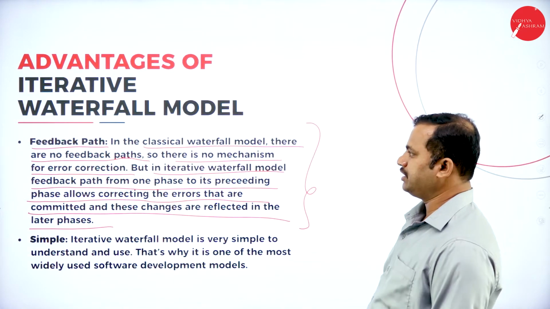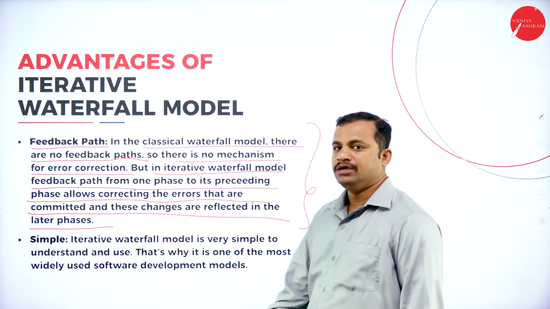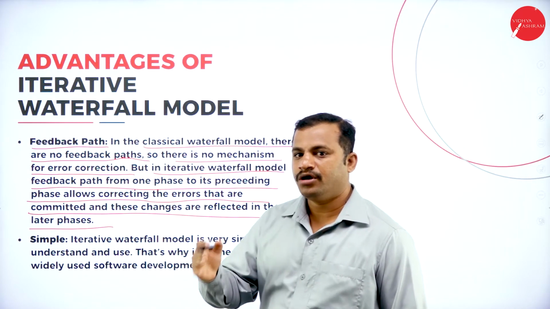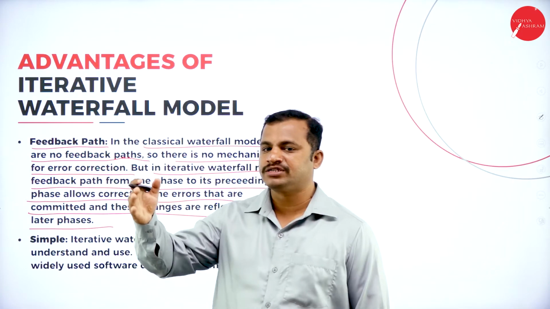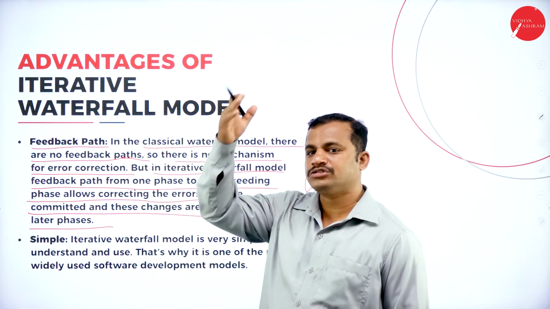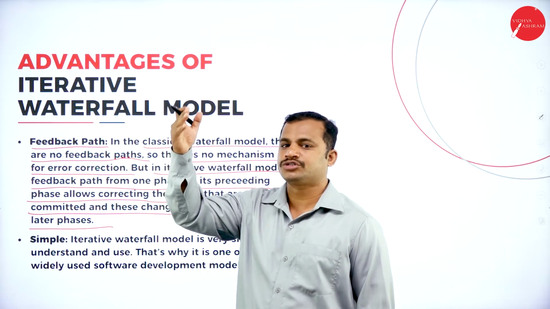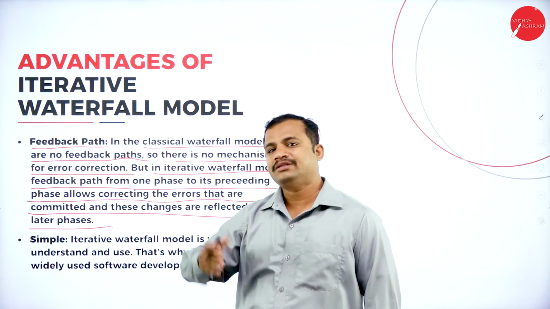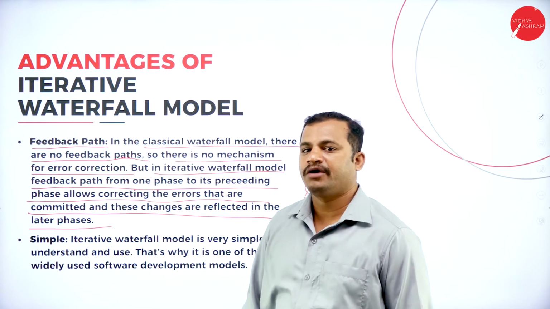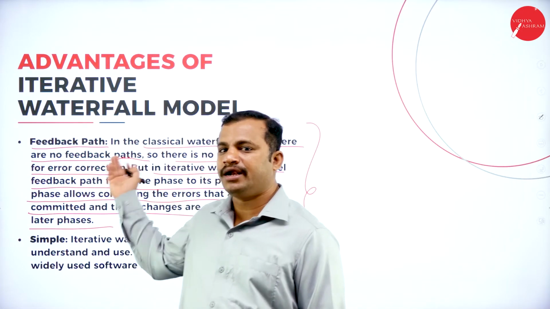The same thing is explained here. About the feedback path, in the classical waterfall model you did not find any feedback path from the present phase to the previous phase, so any changes required in the previous phase could not be incorporated at a later phase of the software development life cycle. But that is not the case with the iterative waterfall model.